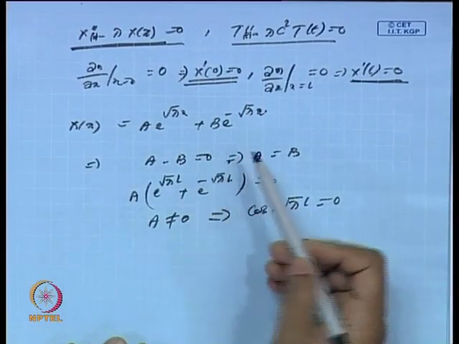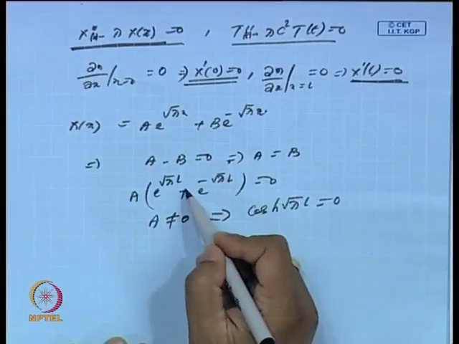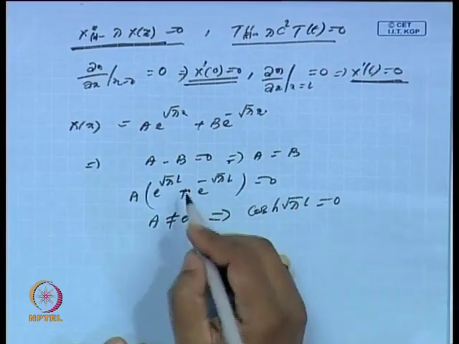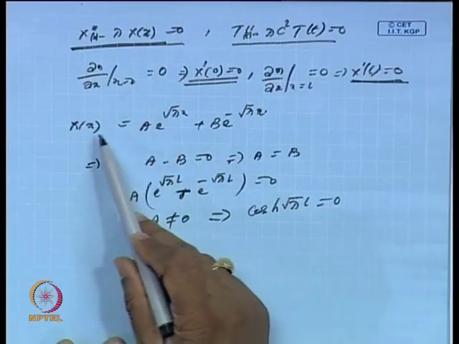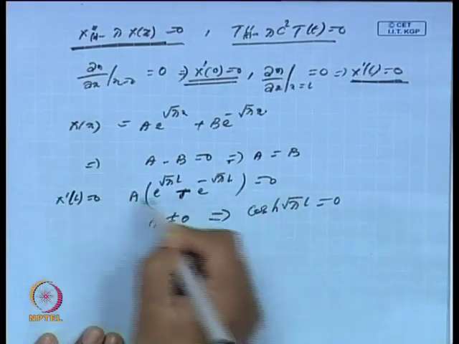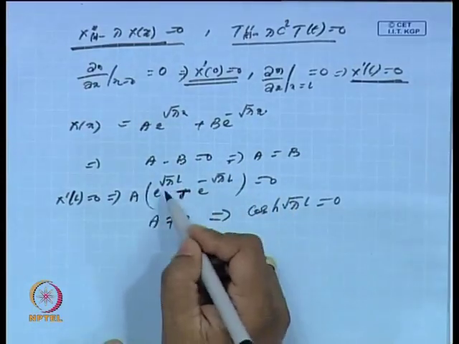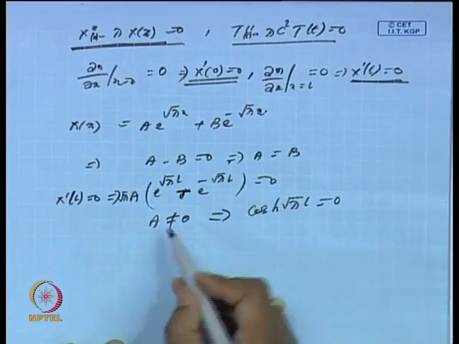This is a minus b is 0. Sorry, it is minus because this is x dash L is 0. So, I will rather say x dash L is 0 implies this is equal to root lambda in 0. So, a is not equal to 0.